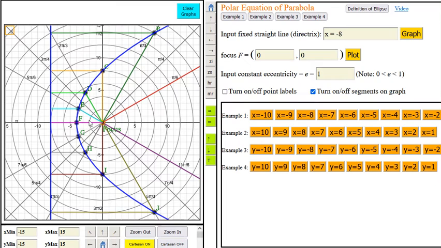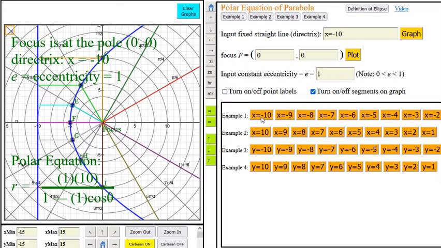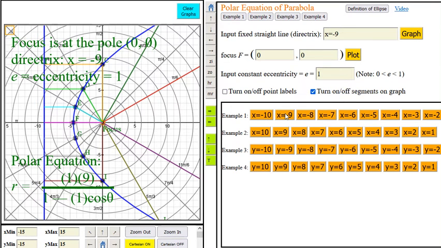Now we will look at what happens to the shape of the parabola when we change the directrix. Here we have 10. If the directrix is 10, then we get this parabola. Here's the directrix for 9, and notice again the focus has to be at the pole.